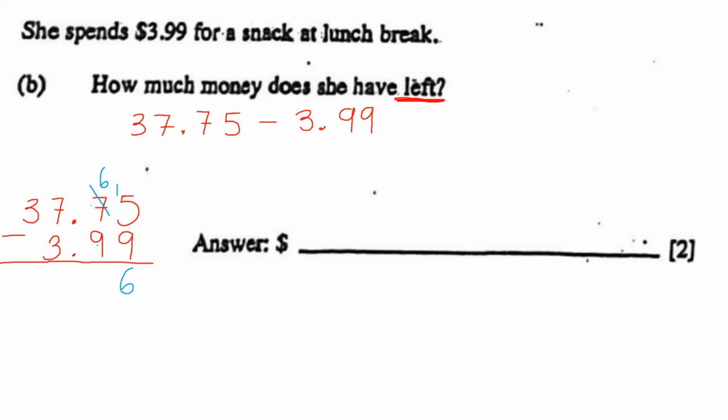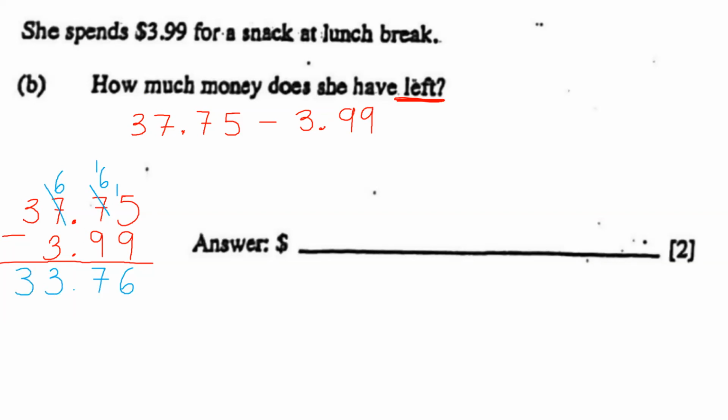Now we have 9 minus 6. That's not gonna work, right? We have to borrow again. 7 minus 1 is 6, so this becomes 16. Now 16 minus 9 is definitely 7. Then what is 6 minus 3? 6 minus 3 is 3, and then we have 3 as well.